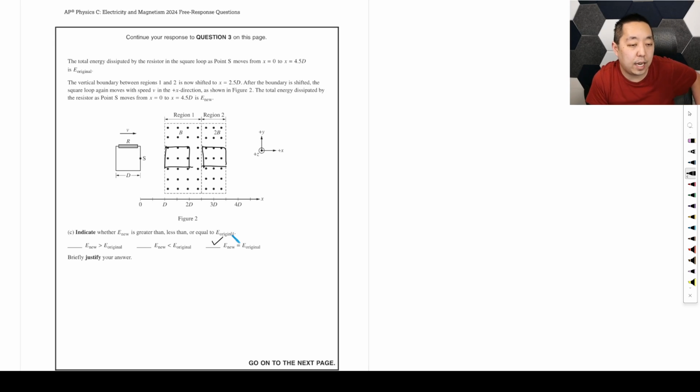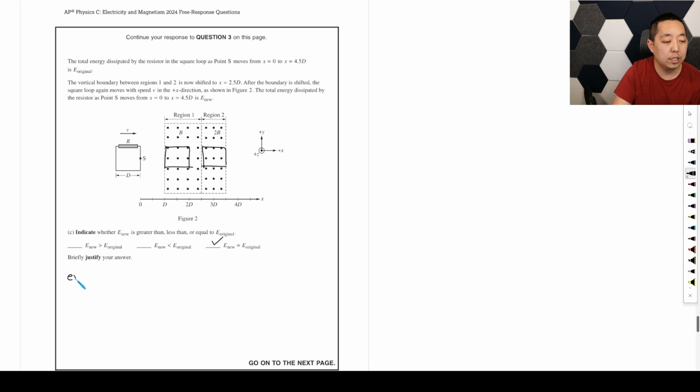And it will stay the same because ultimately the change in flux is the same. I want to compare it to the previous set real quick to see if it was a similar situation. It was actually a different situation. It was a similar scenario being asked, but in this case, the reason there's no real change is because we're still going to get the maximum amount of change in the flux, right?